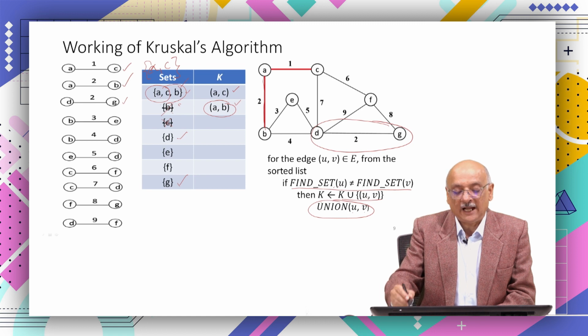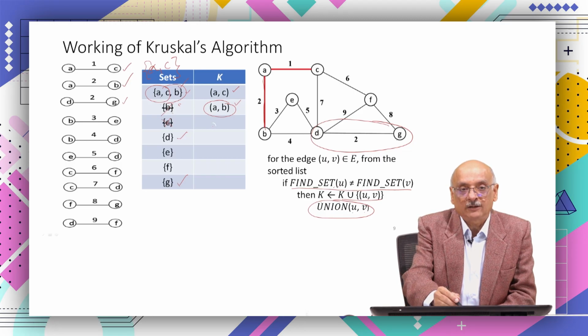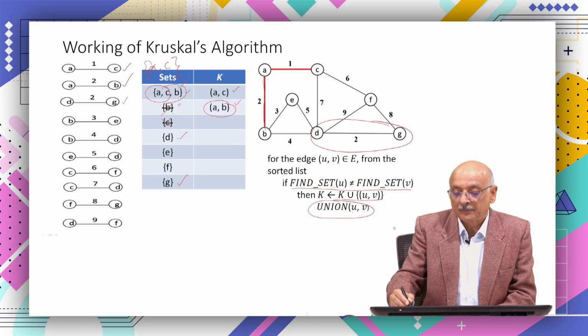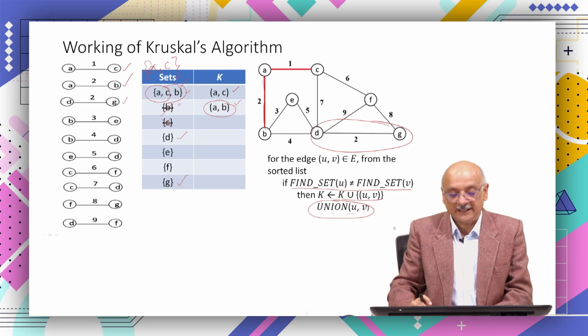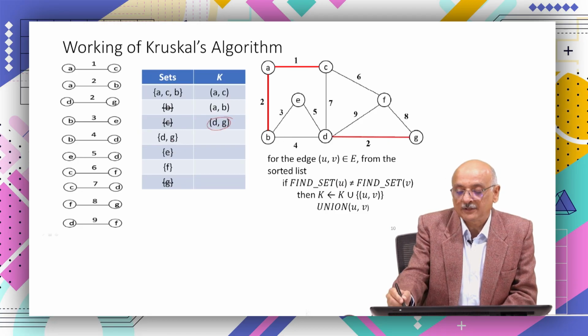So we want to add the edge DG into this graph, and thereafter we will perform the union of D and G, which will become DG. So we have added this particular edge.